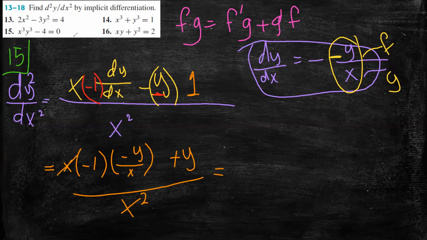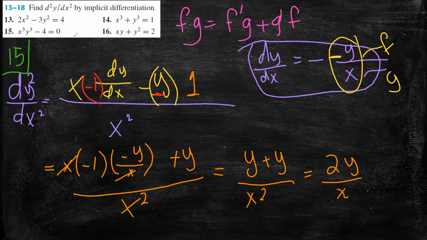We said that x cancels x, so it's y plus y over x squared. So it is 2y over x squared.